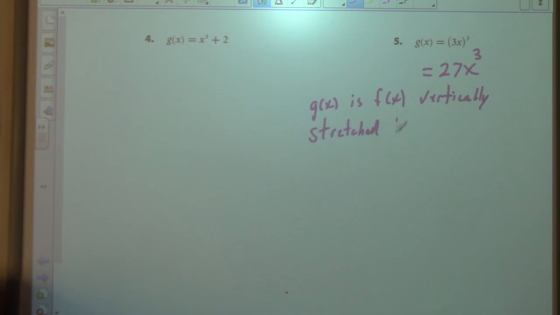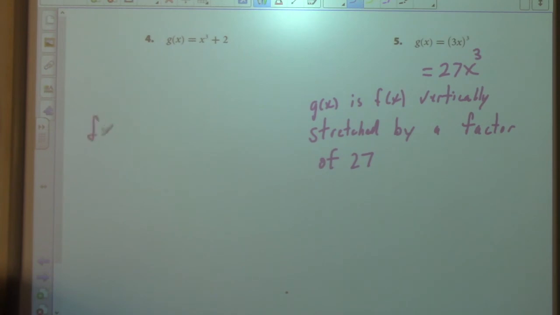By a factor of 27. Okay, why 27 and not 3? Because of what's already in the parentheses.